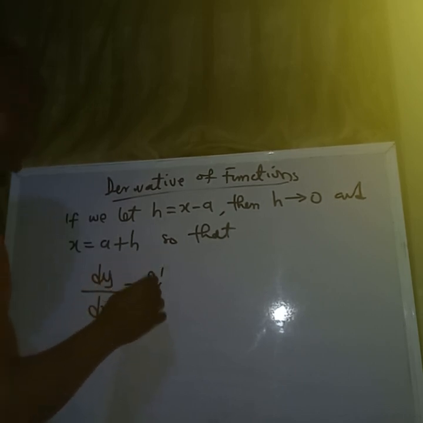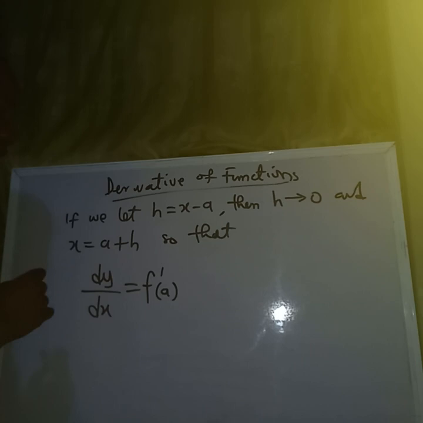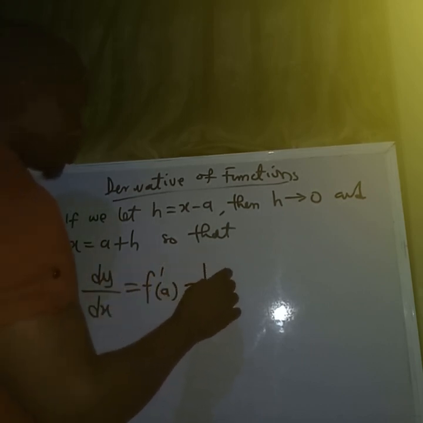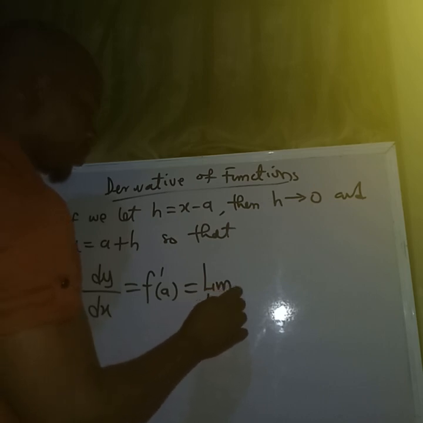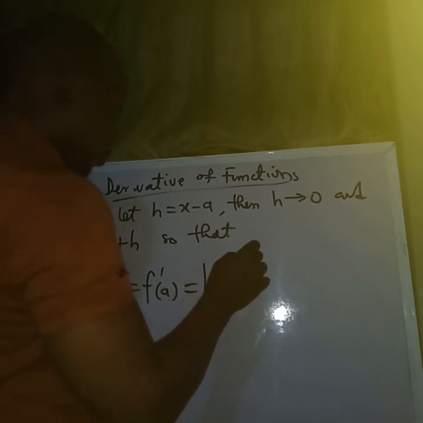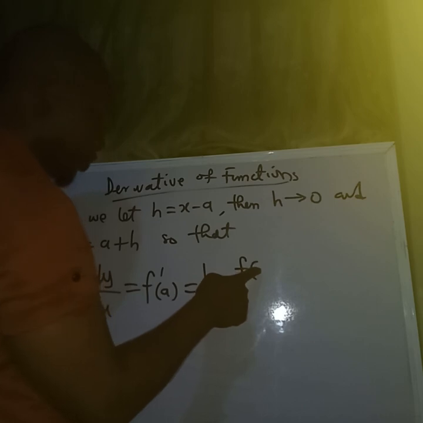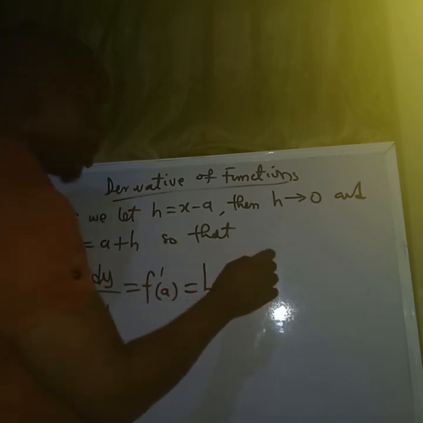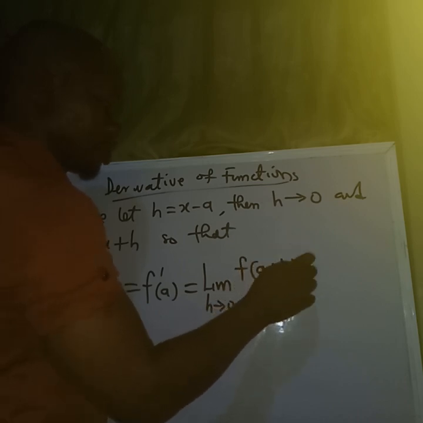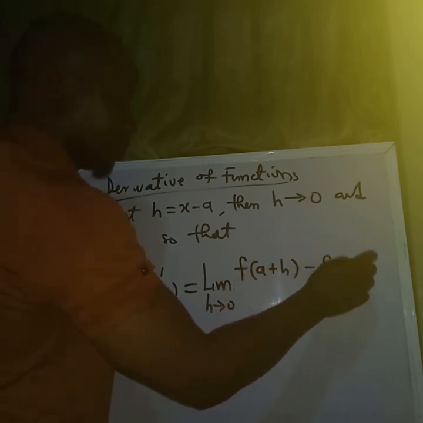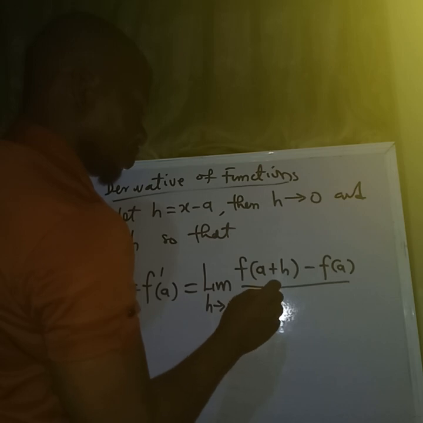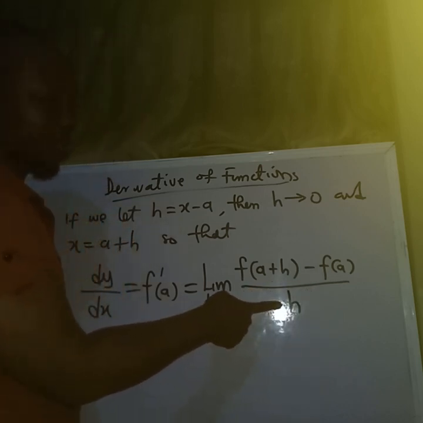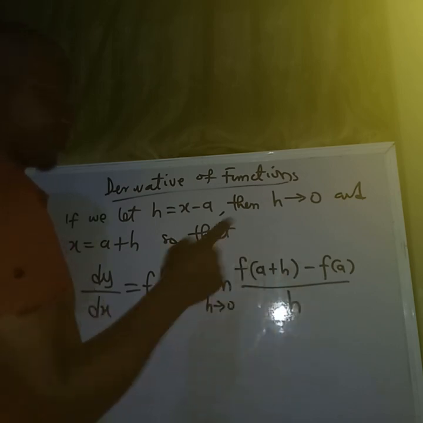This will be the limit as h tends to 0 of f of a plus h minus f of a, all over h. Don't forget we are replacing x now with a plus h, and f of a remains. Recall that initially we have x minus a here.